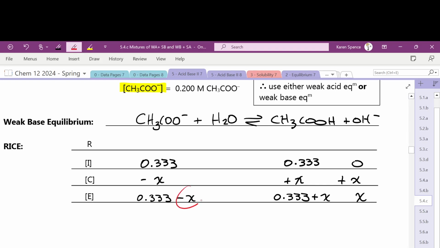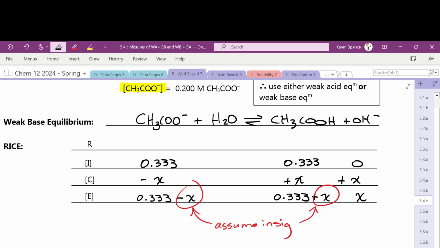And what would you do with each of these x's? Yeah, you would assume insignificant. Okay. And then you would go through and you would do the whole KB calculation. Is it worthwhile doing that or no? Yes, it's worthwhile doing it?